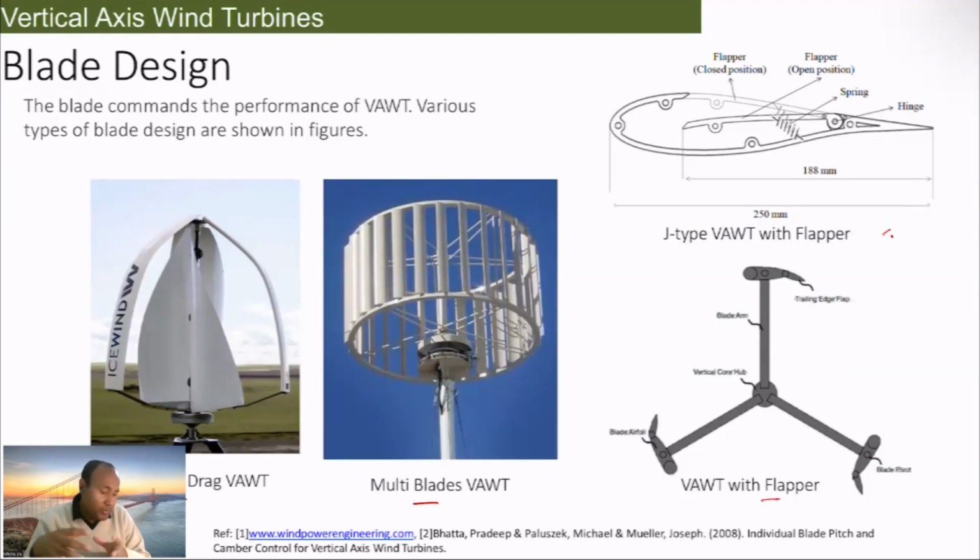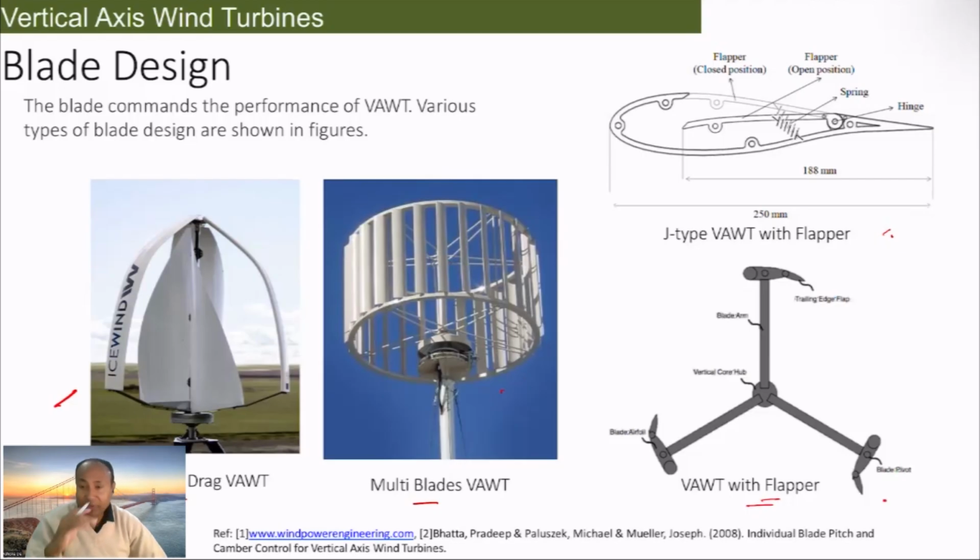blade design of the vertical axis wind turbine, all these different designs that you can see here, which we have already talked about. The purpose of these different kinds of blades is to have improved performance of the turbine. So sometimes we may use a twisted blade, sometimes a helical configuration, sometimes a different configuration.